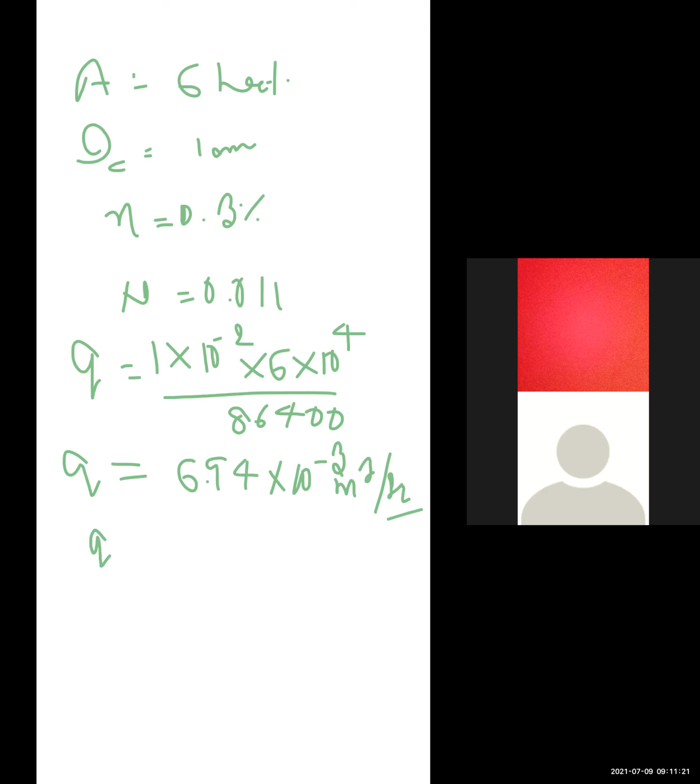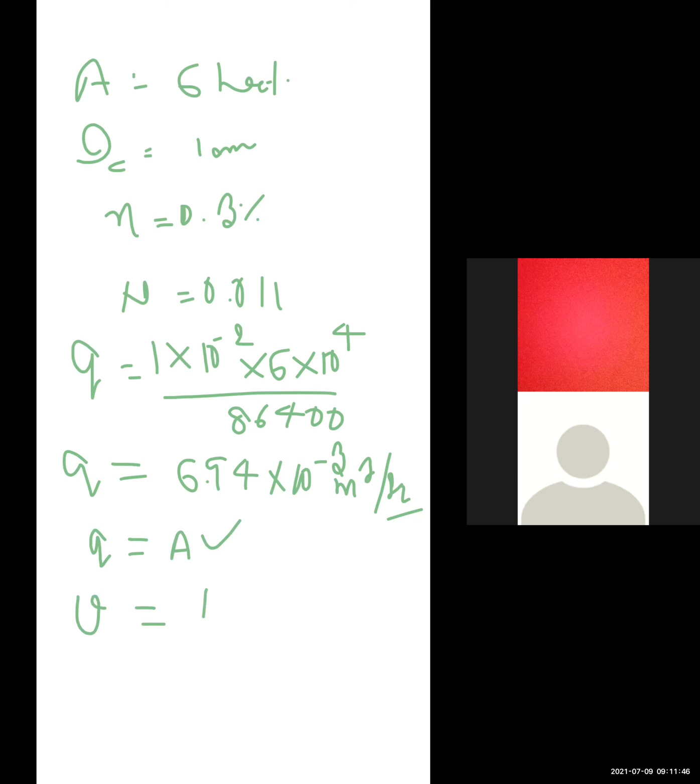Also we know that Q equal to AV as per the continuity equation. So we have to find the size of the tile drain. Velocity we can find with the help of Manning's equation.